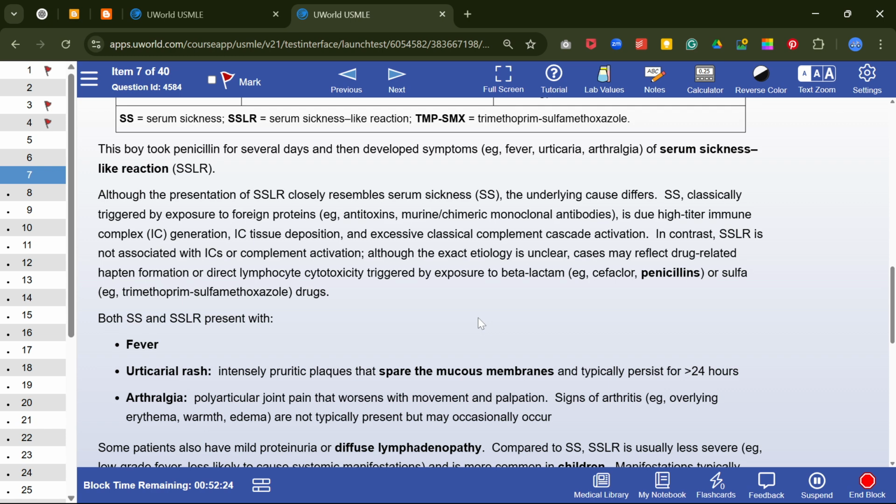In contrast, serum sickness-like reaction is not associated with immune complex or complement activation. Although the exact etiology is unclear, cases may reflect drug-related hapten formation or direct lymphocyte hypersensitivity triggered by exposure to beta-lactams, cefaclor, penicillin, or trimethoprim-sulfamethoxazole.